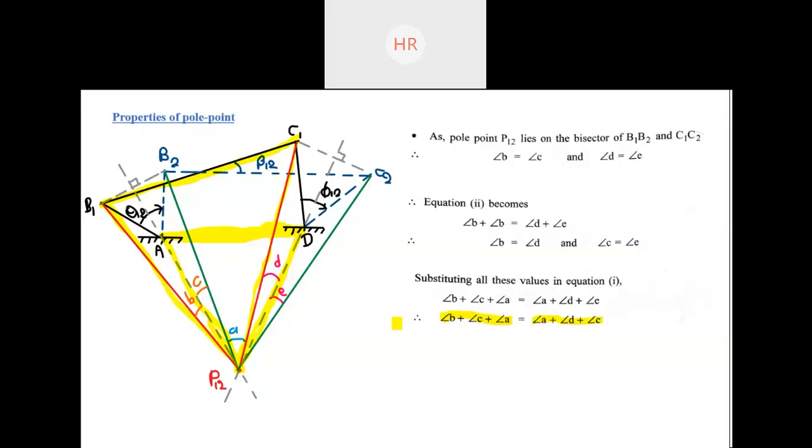This is one important property that we will use. Keep this in mind: the angle subtended by this fixed link by perpendicular bisectors, this much angle, is actually equal to the angle subtended by this link B1C1 at the pole point.